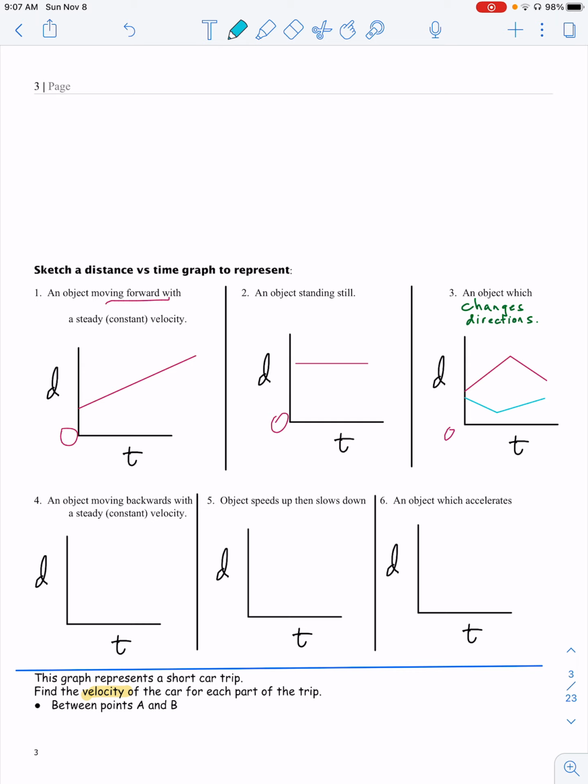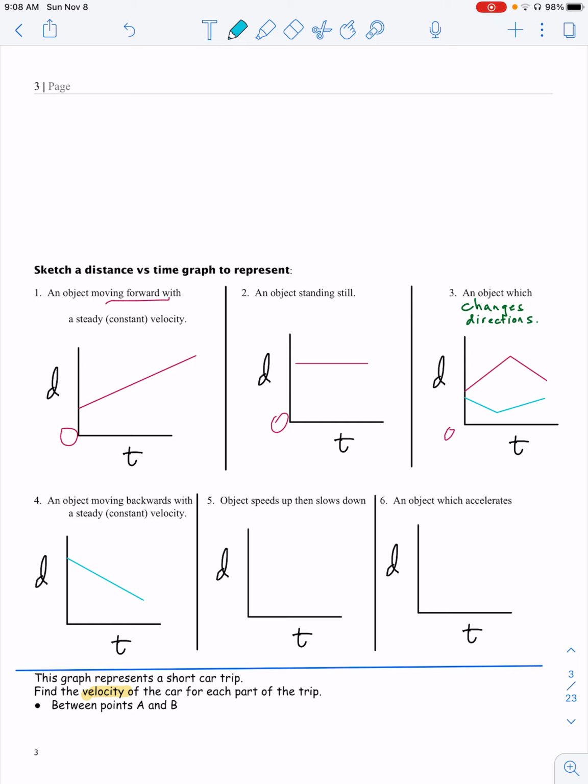Okay, so in the red one, I have positive velocity going to negative velocity. Then that's change of directions. Plus forward, minus going downhill, in reverse, going back. An object moving backwards with a steady constant velocity. Okay, that would just be negative velocity, steady, straight line.